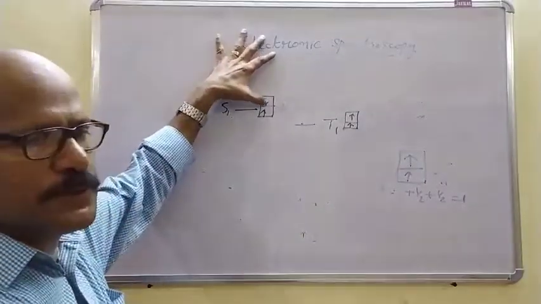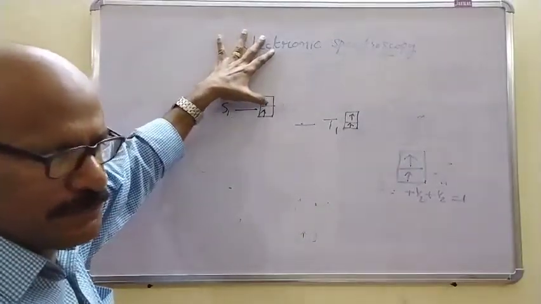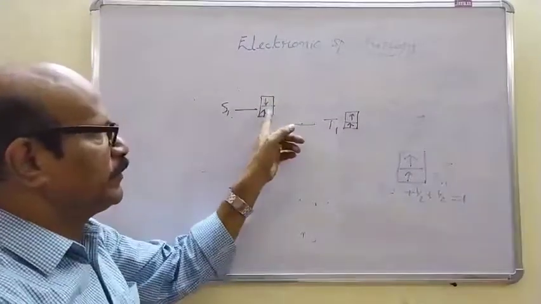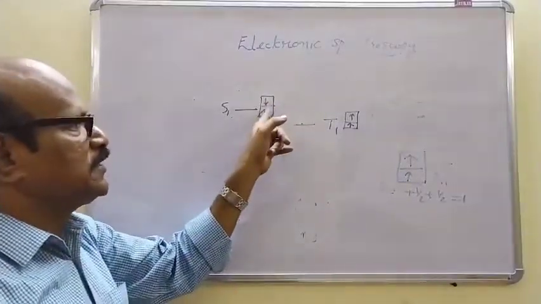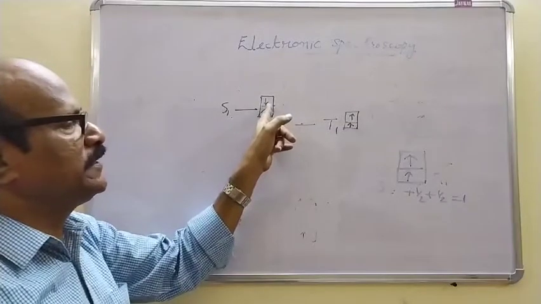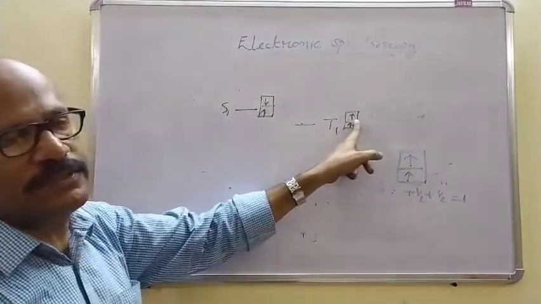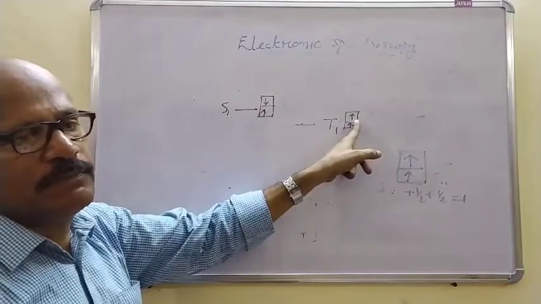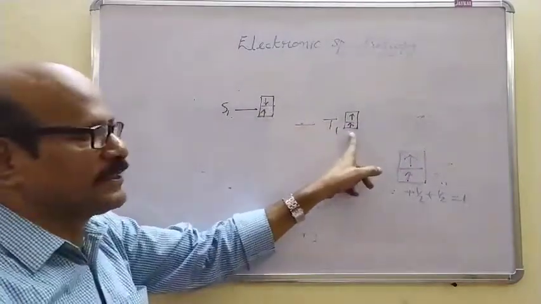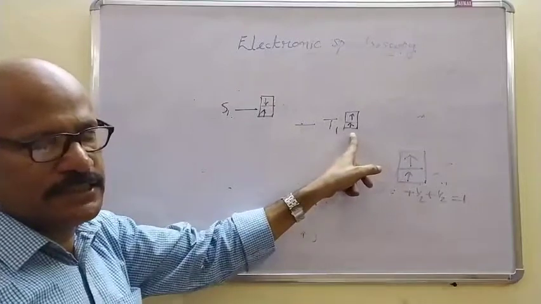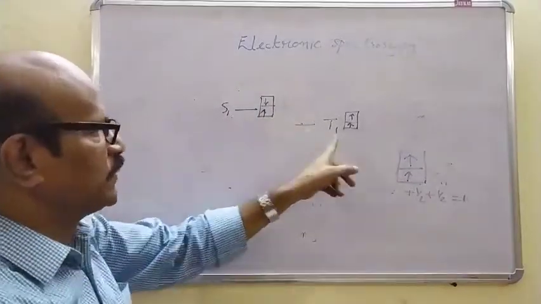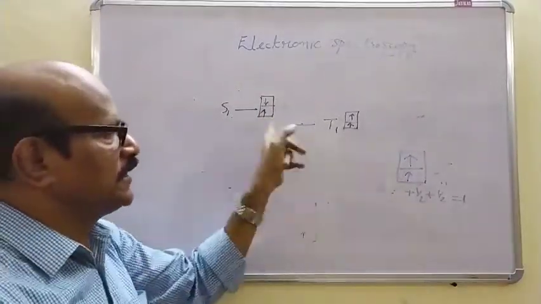There is a chance for the S1 state to undergo spin inversion to this type, and this is called T1. This is a more stable state than S1, even though it is an excited state.